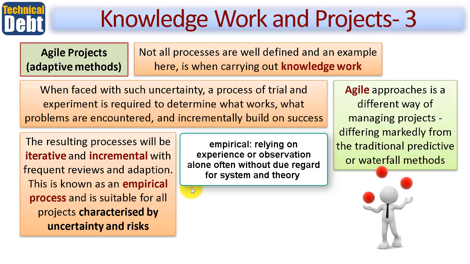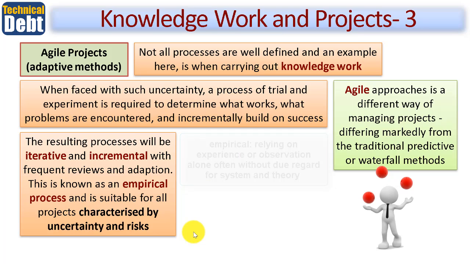So this is known as an empirical process and is suitable for all those projects that are characterized by uncertainty and risks. Yes, I know what you're thinking, and that is that all projects have risks, and that's true. However, we'll see shortly that knowledge work is a lot more uncertain than, for example, a construction type project.